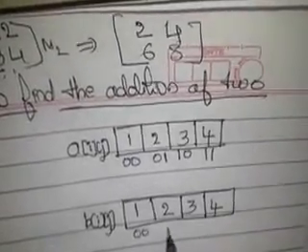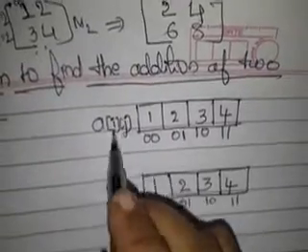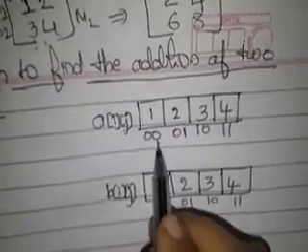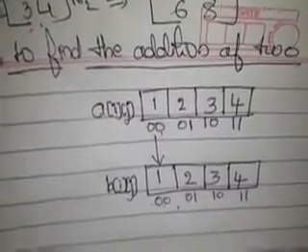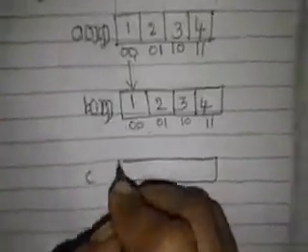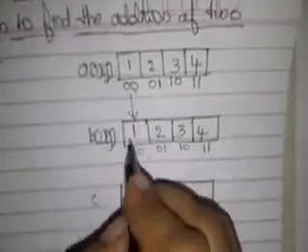So how to do the addition? A of 0 0 must be added to B of 0 0. That goes into the resultant matrix, that is C of ij. So 1 plus 1 is 2, 2 plus 2 is 4, 3 plus 3 is 6, 4 plus 4 is 8.